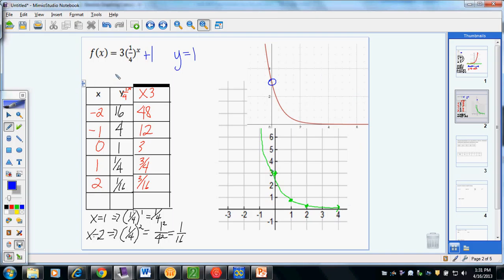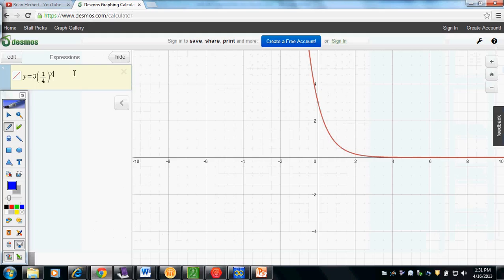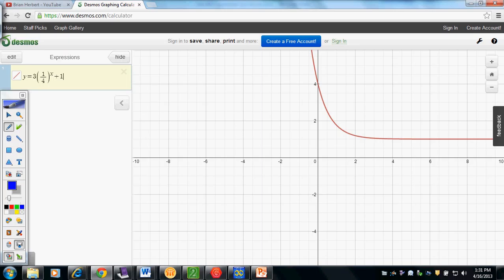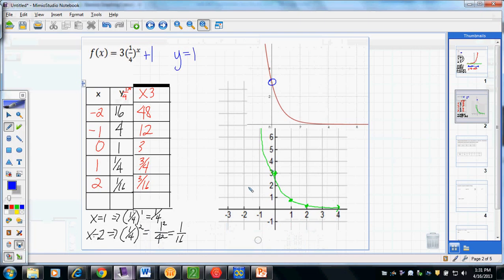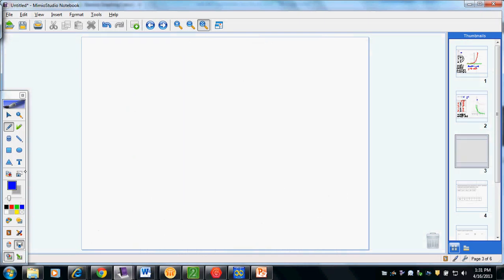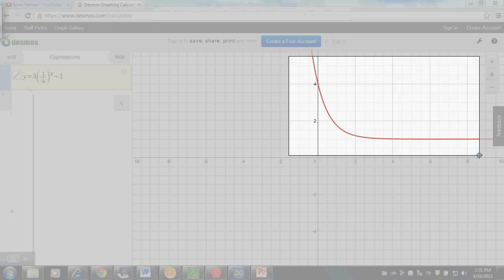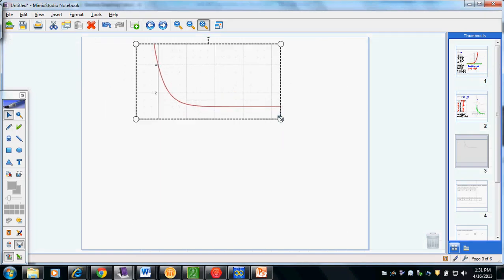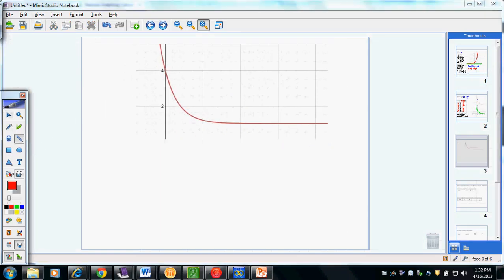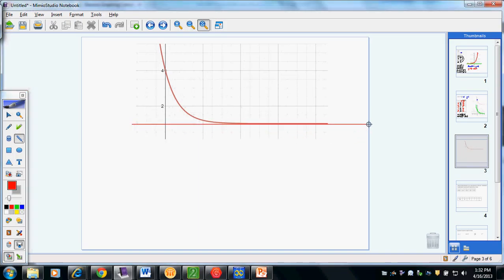Okay, the reason why I show you this is because if I came out here and now I added a 1, well, look at this. Now, let's move to another page here. So if I came back here and looked at this graph, it's the same function that I had before, but it's coming closer and closer and closer to this line of y equals 1.